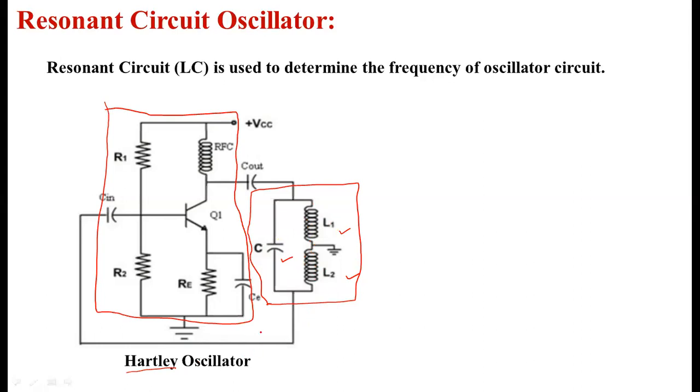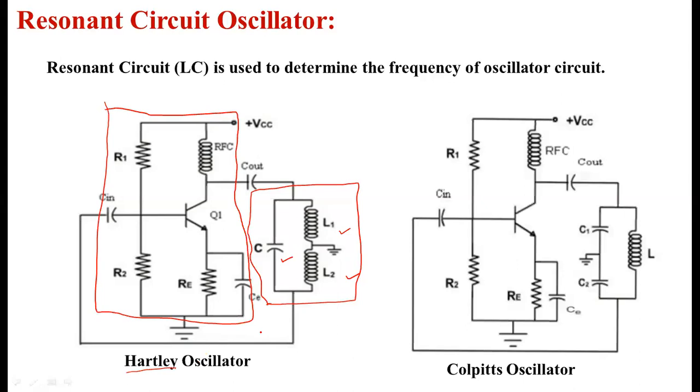The other circuit is the Colpitts oscillator. The amplifier circuit is the same, but in this feedback circuit, we use two capacitors and one inductor as a feedback network.